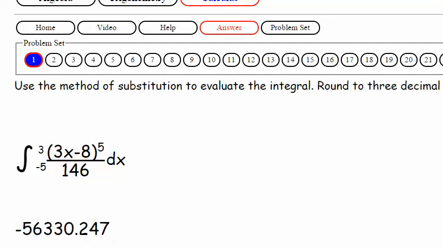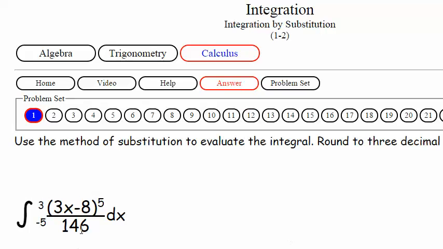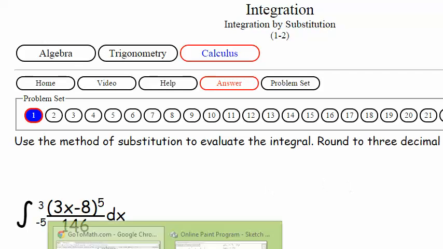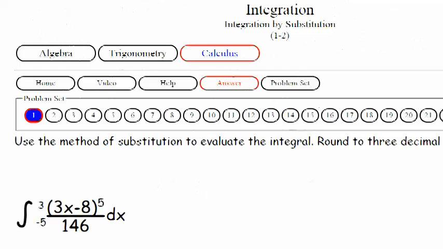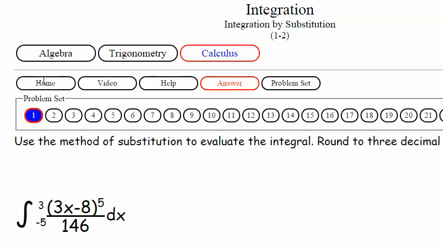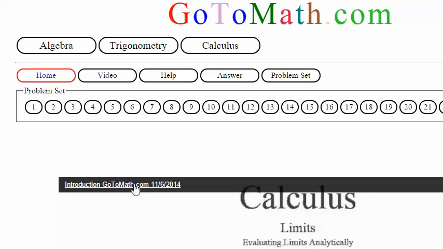There it is. You can get the exact value if you want, but I said the heck with it. Let's just round it, however you want to do that. Okay, so there it is. Let's go back. So we want to practice that. Come on back over to gotomath.com, and good luck.